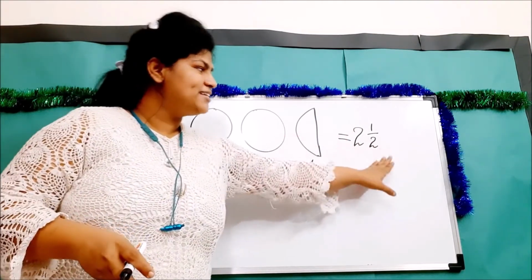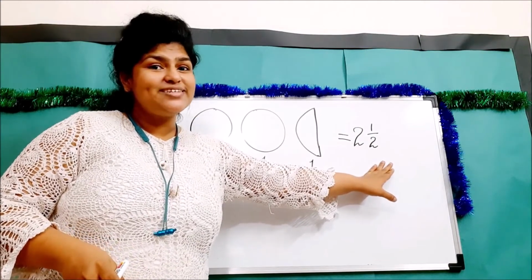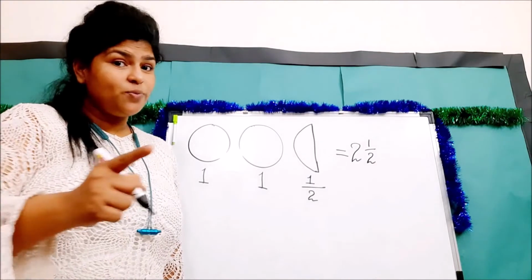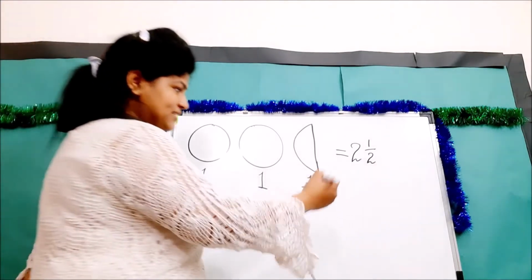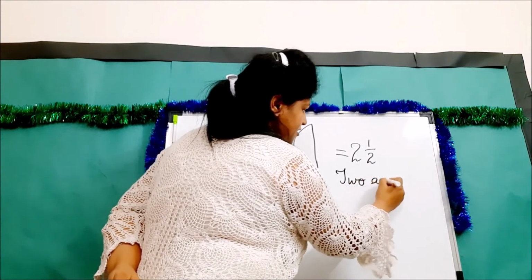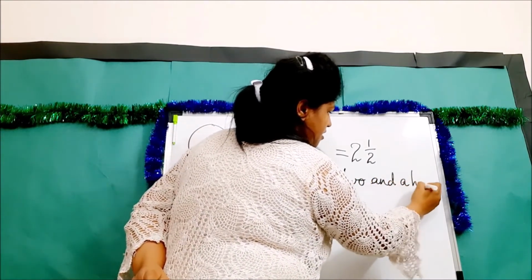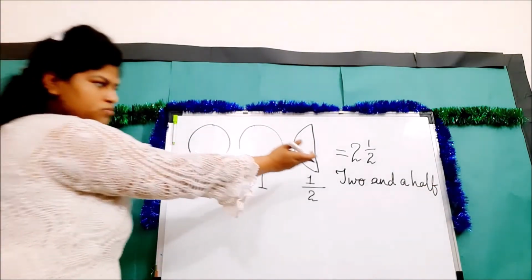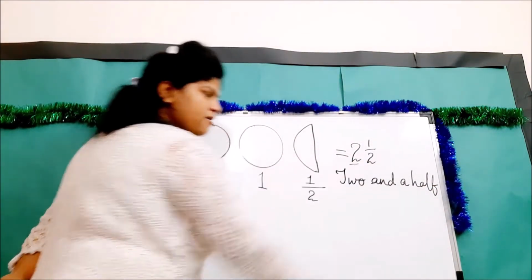You have to write it separately. And how will we write it? We will write it as 2 and a half. Finish. 2 and a half.